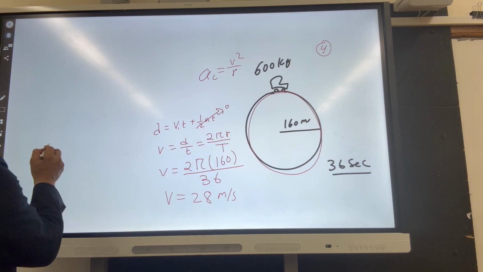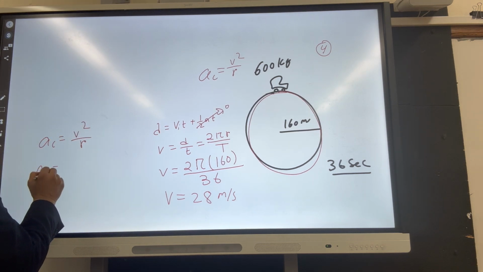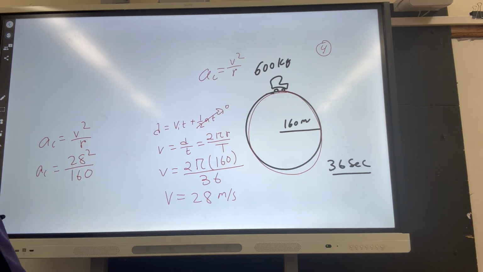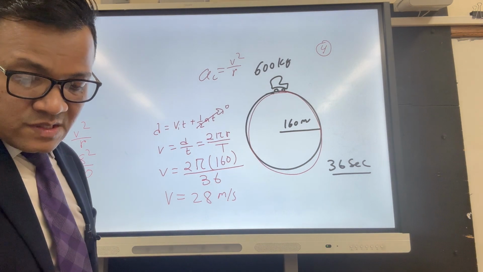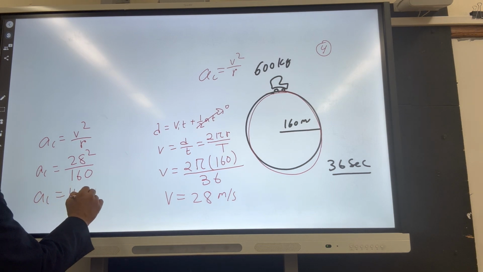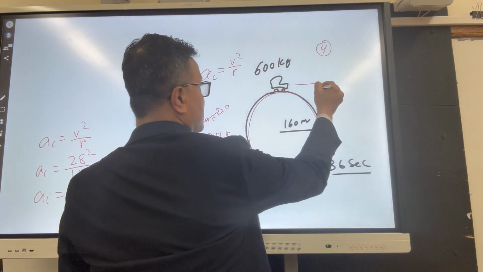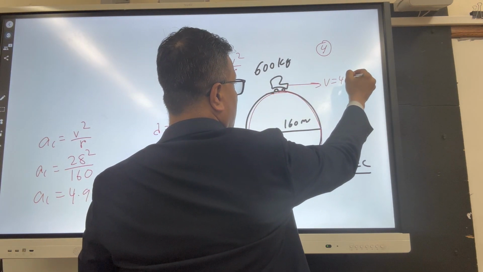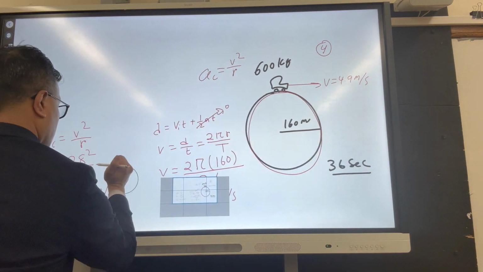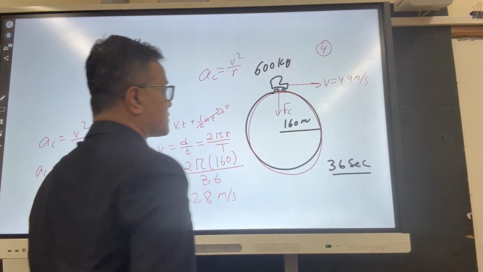So acceleration is v squared over r, so acceleration must be 28 squared over 160, which should be 4.9 meter per second squared. This is his acceleration. We did not ask you to find the force.